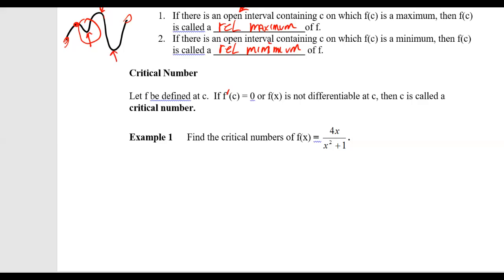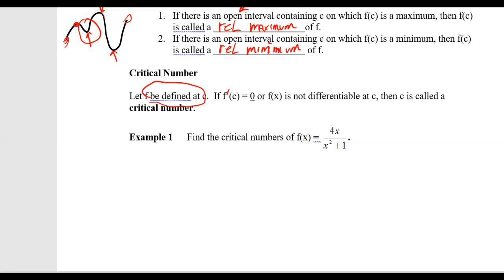But it has to be a point on the curve. If we have f prime equals 0, then we have a critical number. Or if f is non-differentiable there, then it's a critical number also.